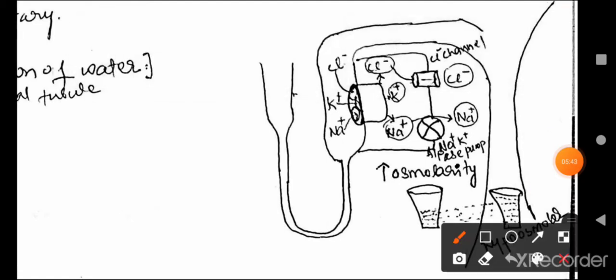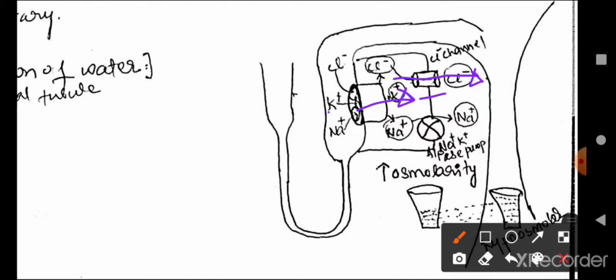And the function of this sodium potassium 2 chloride symport is to transport chloride ions, potassium ions, and sodium ions into the epithelial cell. On the basolateral membrane of these epithelial cells, there is a chloride channel which transports these chloride ions into the interstitium, that is the medullary interstitium.